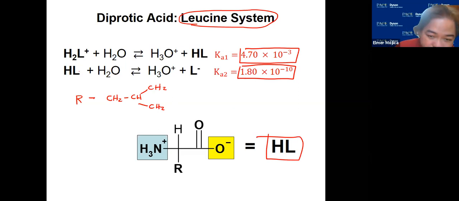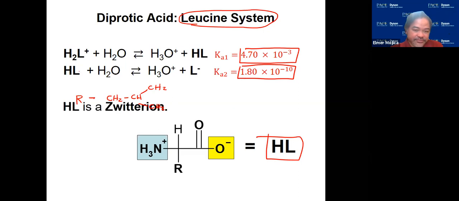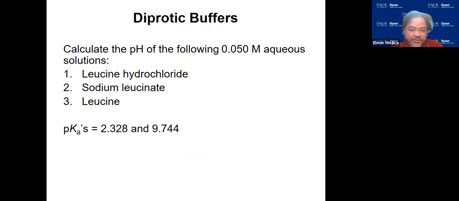So what are we going to do with this? We're going to calculate the pH of the following 0.05 molar aqueous solution: the protonated leucine, the zwitterionic leucine.